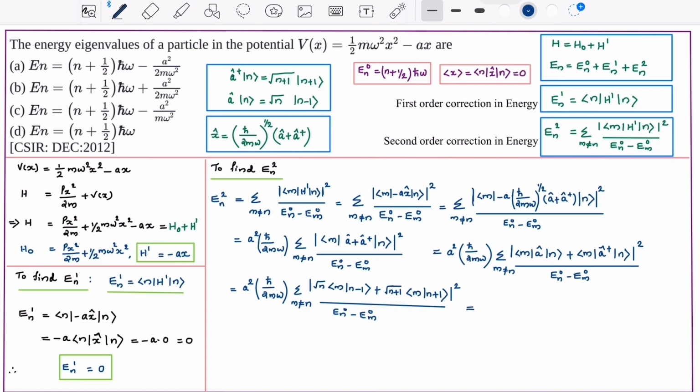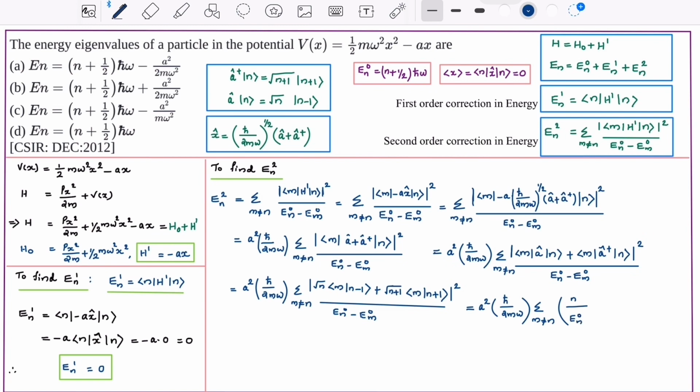Now after simplification, you will get a square h bar divided by 2m omega. Actually this summation is not required after simplification.